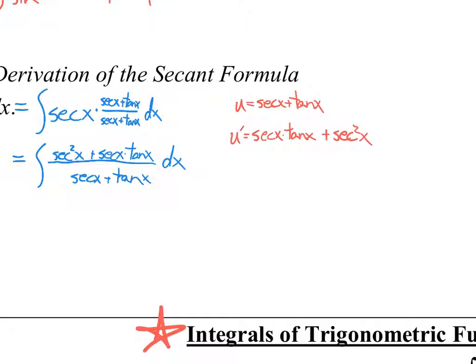So we actually do have u prime over u. And so now we know that the integral of this is the natural log of the absolute value of that denominator, u. So it's ln of the absolute value of secant x plus tangent x plus c. Okay?